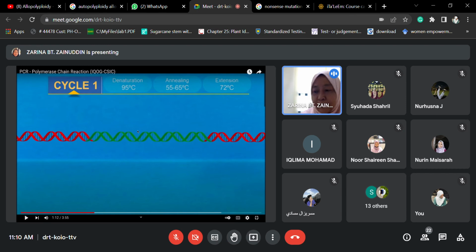Okay, so this is the target DNA lah. Macam kita imagine kalau you ada COVID kan. So ni DNA ni lah.